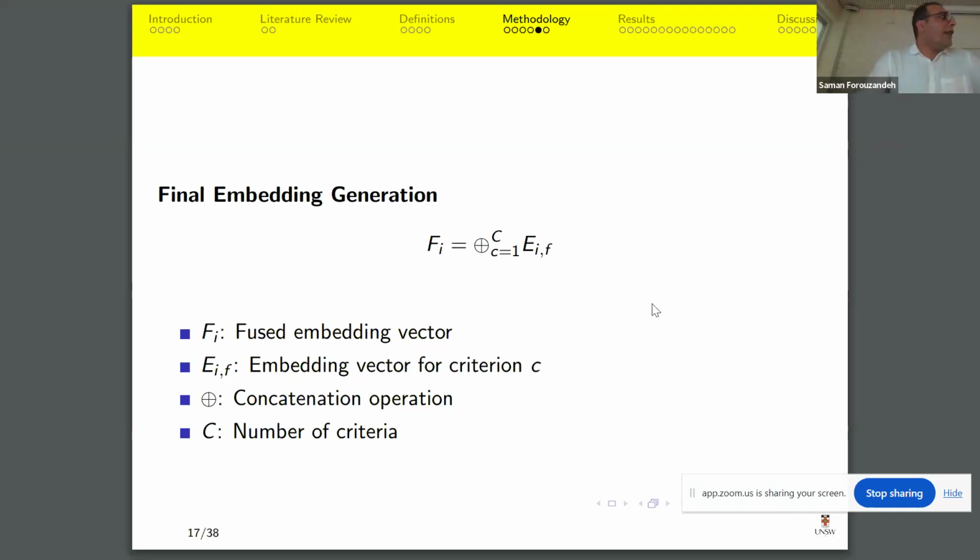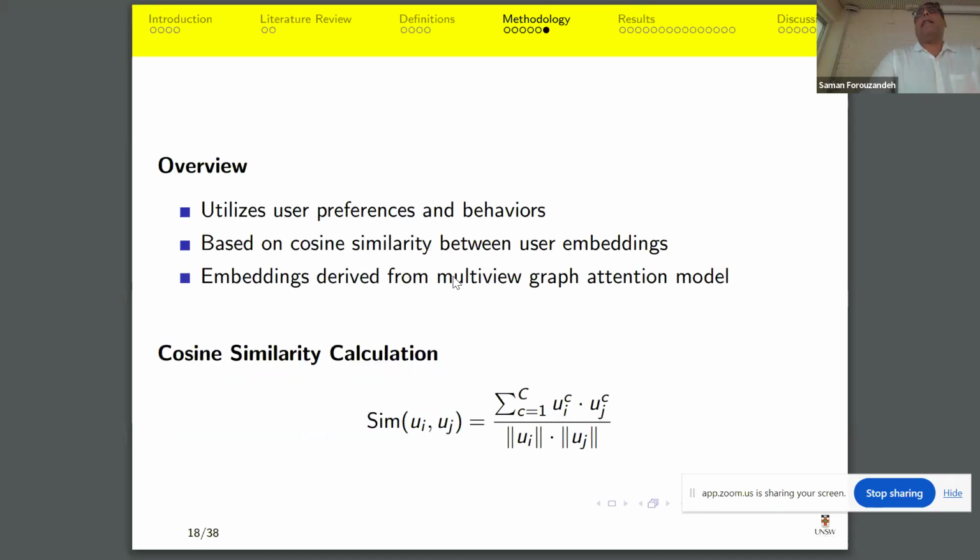After contrastive learning, we use fusion, which collects all of the embeddings into one space, concatenated together.